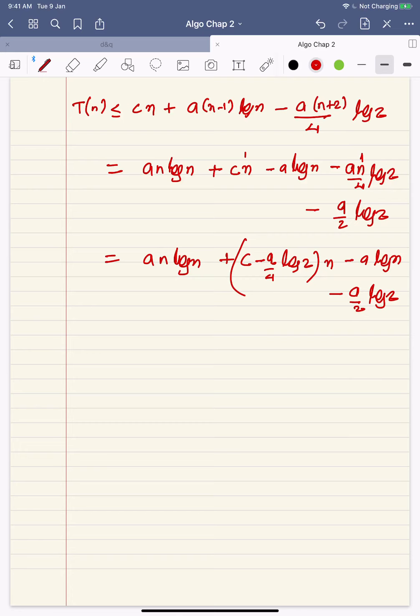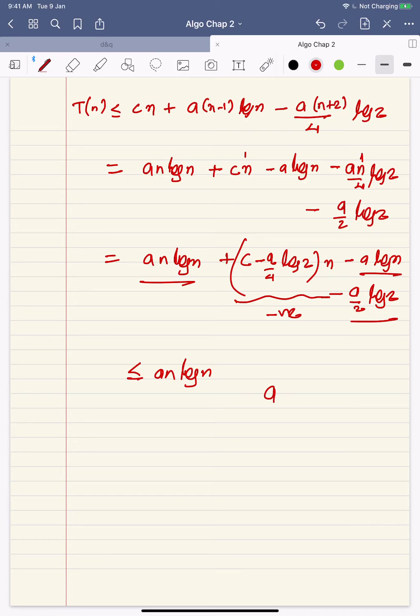Now I have to prove that this whole thing is less than or equal to a n log n. When will this happen? You see, this is a n log n minus this term minus this term, so if this whole thing becomes negative, that will be true. And when will this thing be negative?